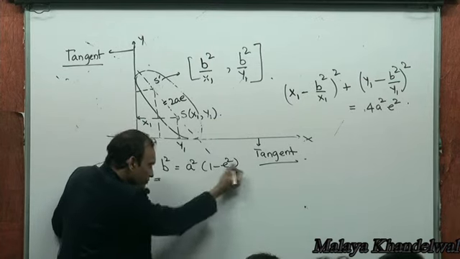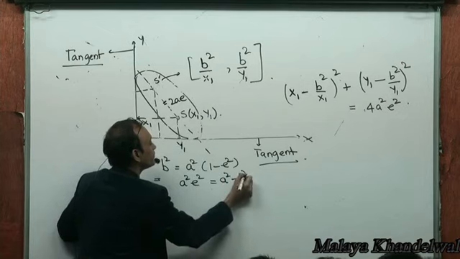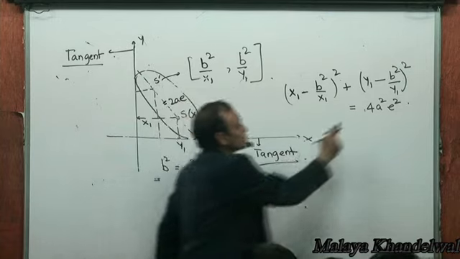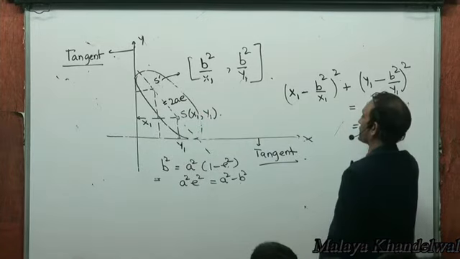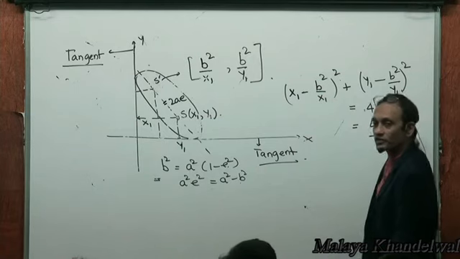So very clearly from this, a squared e squared must be equal to a squared minus b squared. So, this 4a squared e squared I can write as 4 times a squared minus b squared. This is what I could do.